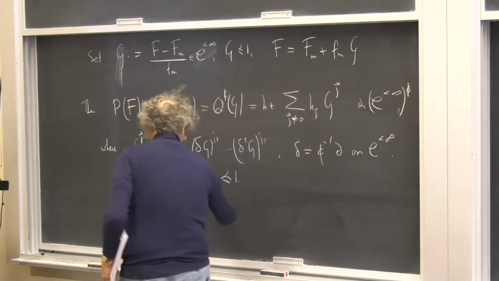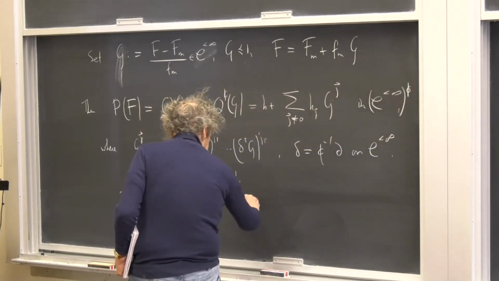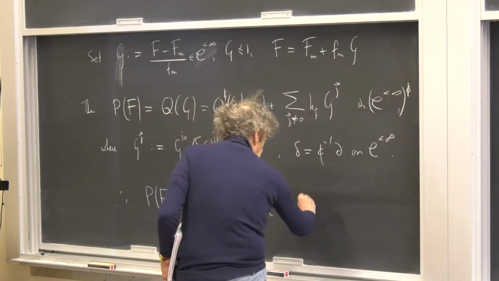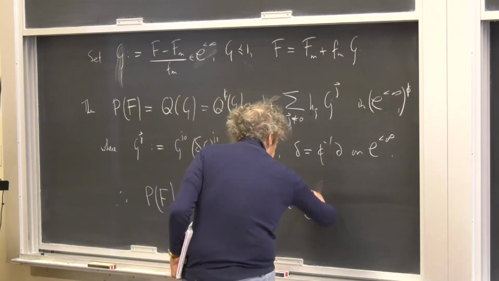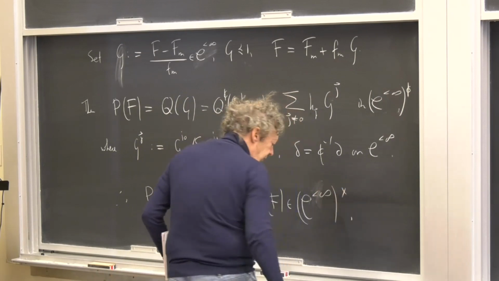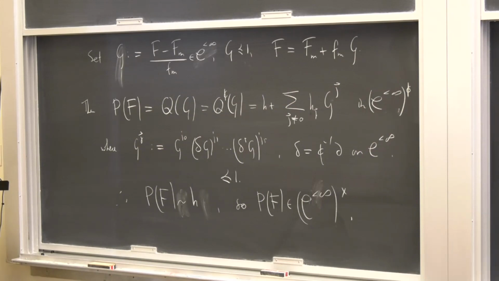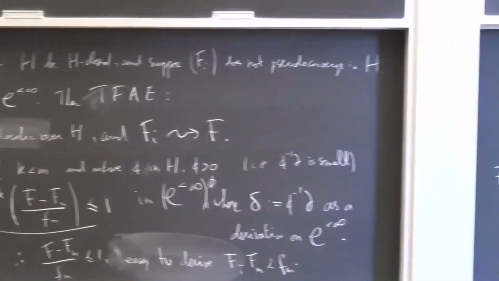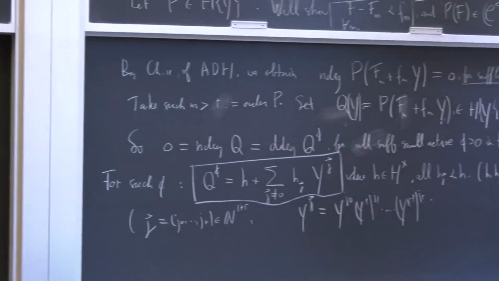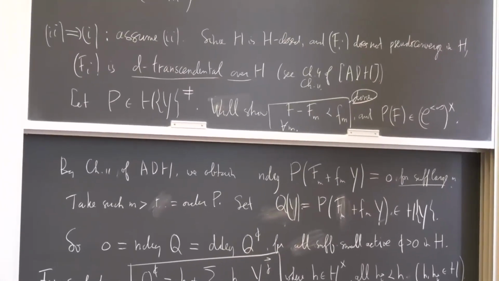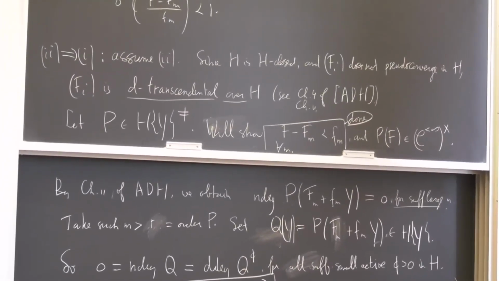So P of F is indeed a unit. And this being true for any non-zero differential polynomial, we have a Tardian and we have this I being a true limit.